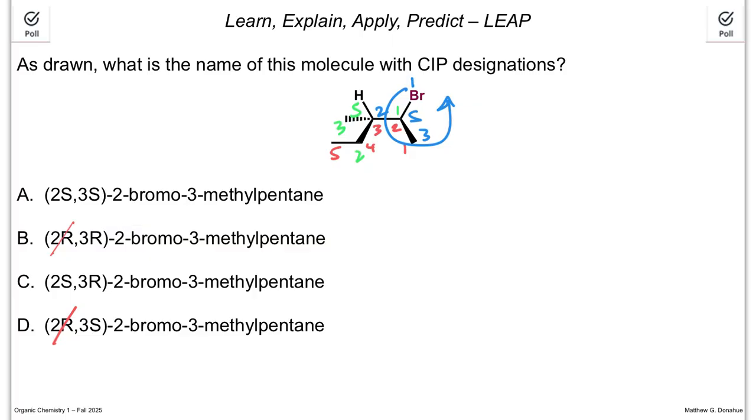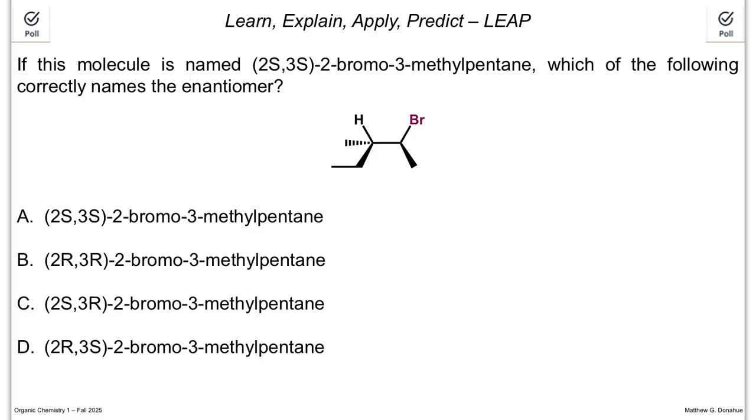So this is A. And if you've looked at this slide, you would have known that already. So what's the enantiomer of that compound? So if we have 2S, 3S, which one's the enantiomer? So 2R, 3R. So the enantiomers will have exact opposite CIP designations at each center.